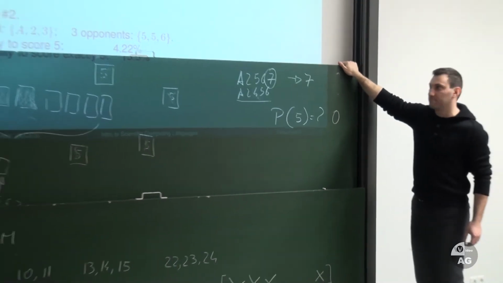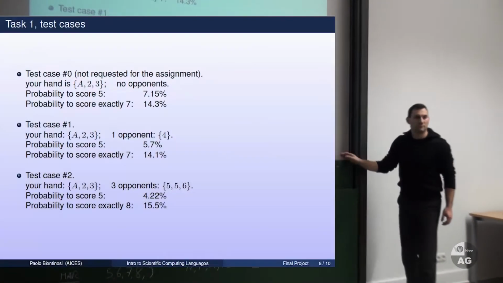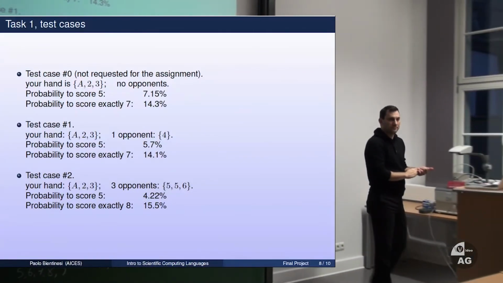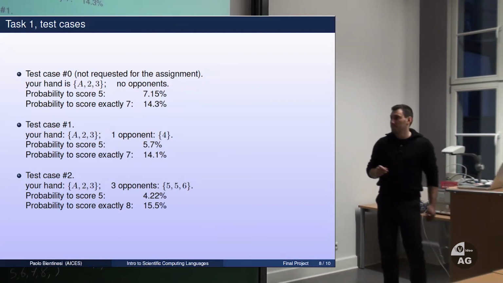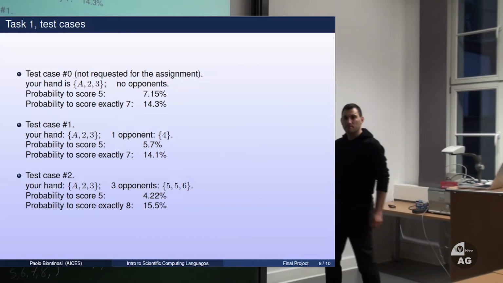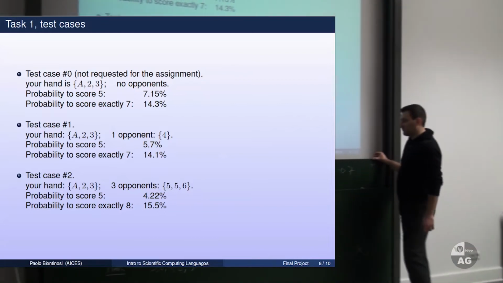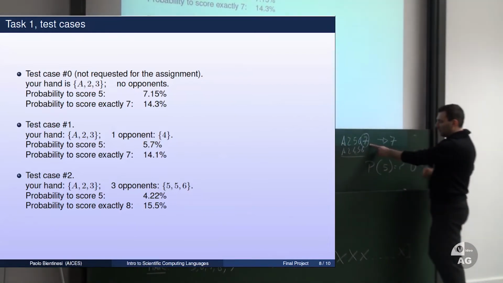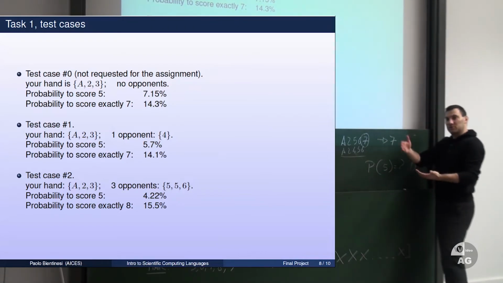Yeah. Okay. So the probability for 5 is the same as the probability for exactly 5. For the other scores, it's different, because the probability of scoring 7 could be at worst 7.